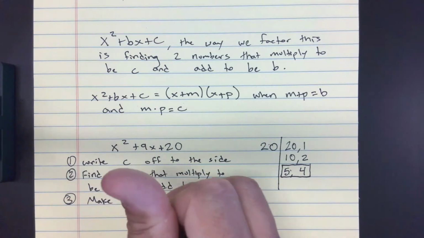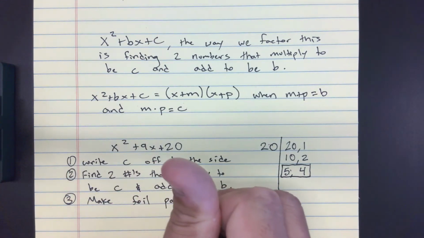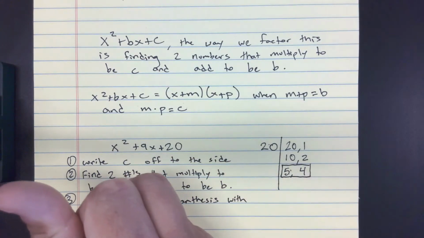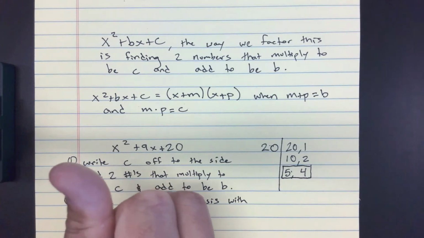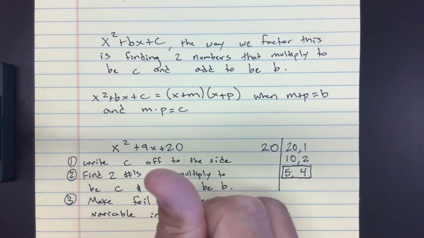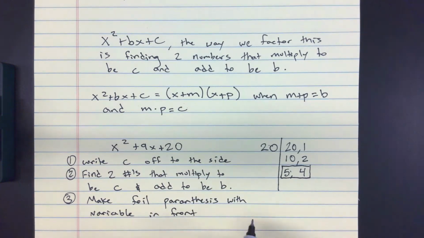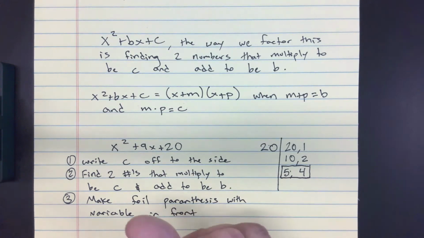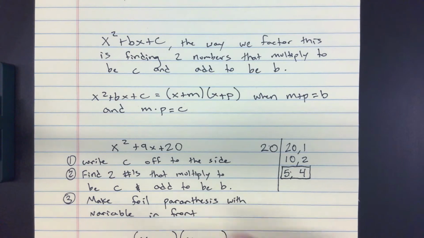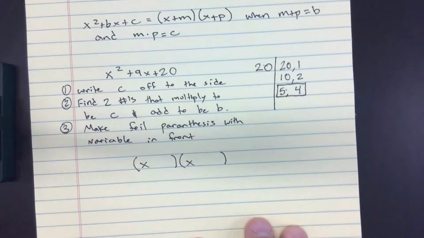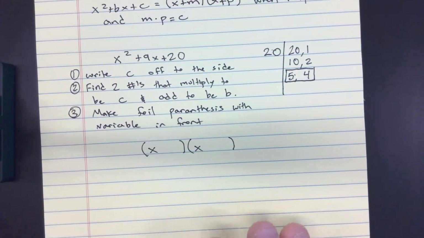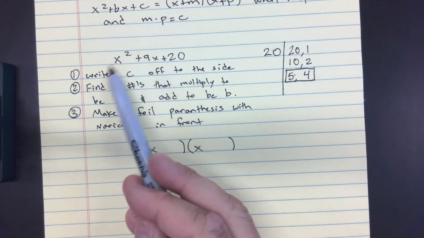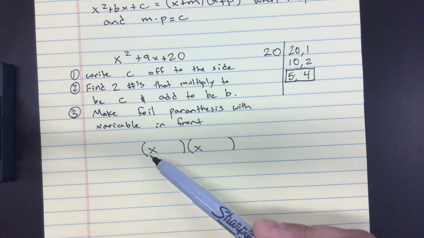Step 3. Make FOIL parentheses with the variable in front. What that means is this: here are your FOIL parentheses. Now look, if this was an a squared up here or a c squared or a y squared, you'd have y right here.